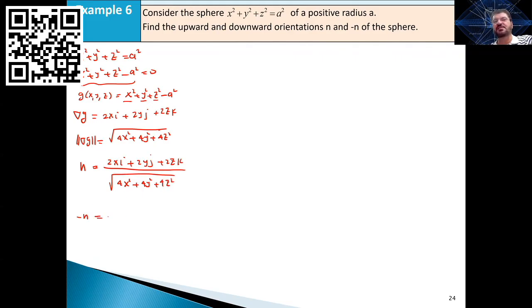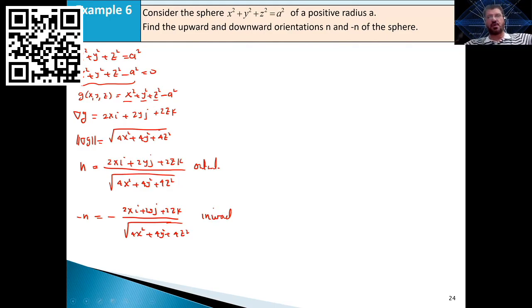Minus n is minus 2x i minus 2y j minus 2z k divided by the square root of 4x squared plus 4y squared plus 4z squared. This is the outward vector, and this is the vector oriented inward. Those are the perpendicular vectors to the surface.